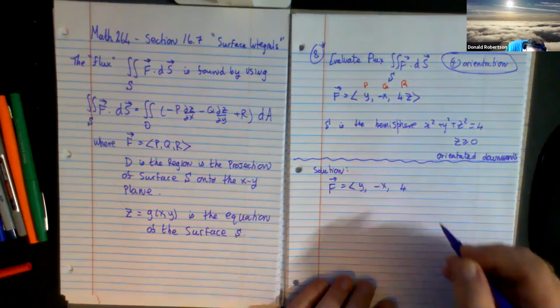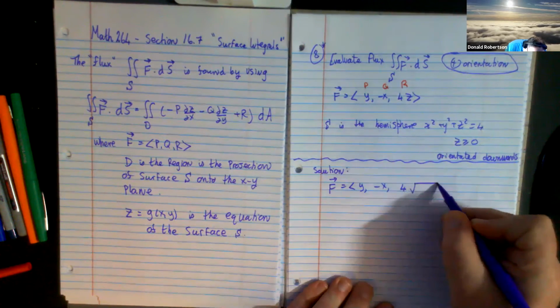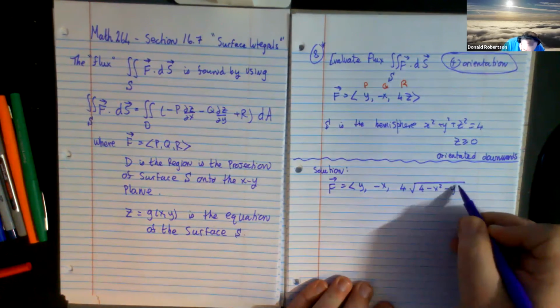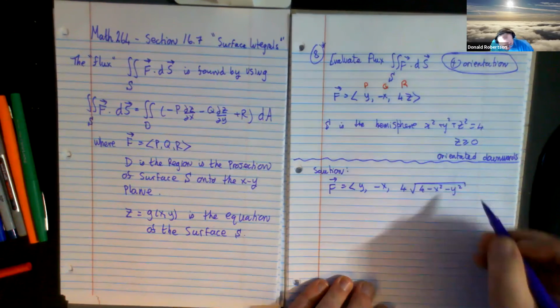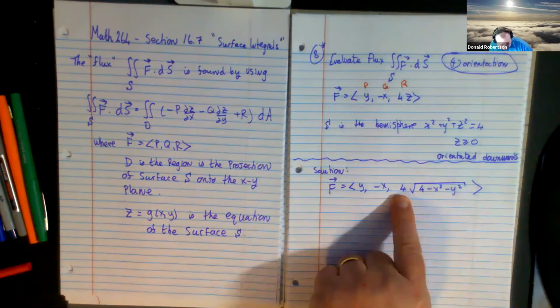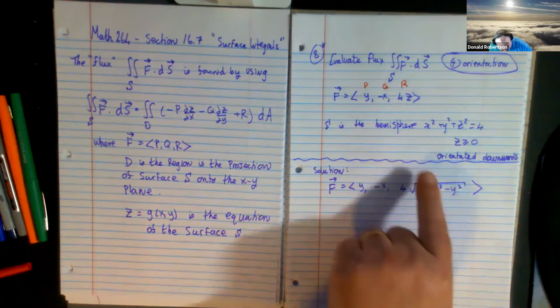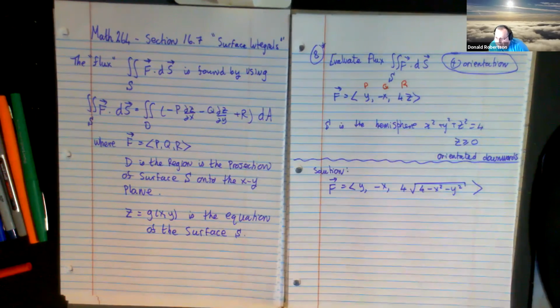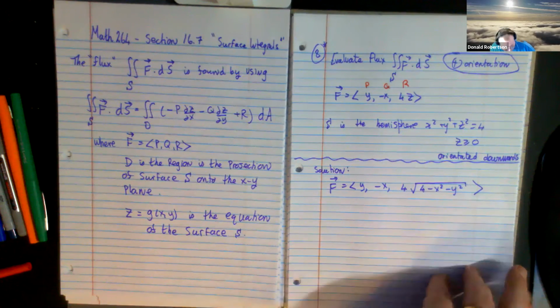And Z is going to be the square root of 4 take away X squared, take away Y squared. Are you comfortable where the 4Z turned into that? Do you want to see how I made this become this? Are we good with that, or do you need to see it? I've got one thumbs up. Okay.